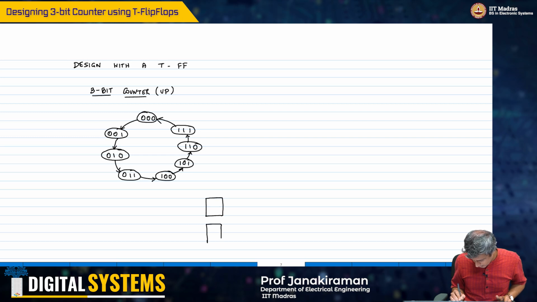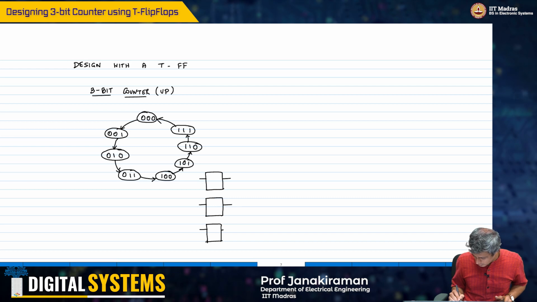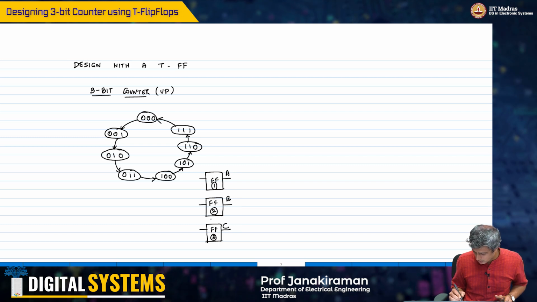Okay, so therefore what we are going to do now is implement this with T flip-flops, like this. I have the inputs A, B, C, flip-flop 1, 2, 3, and I have the clocks.